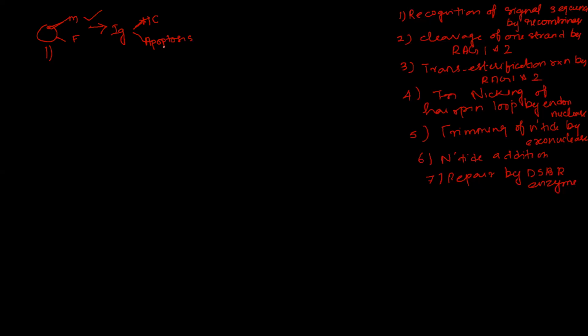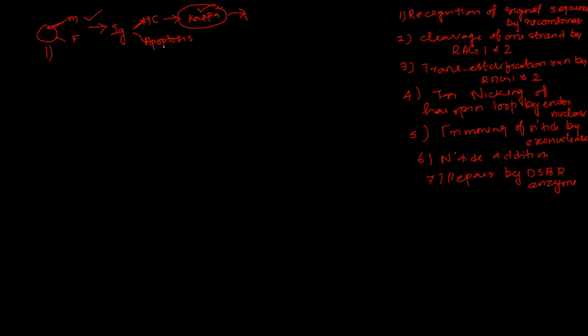Okay. Then once the heavy chains are made, it will have to make light chain. Light chain kappa will be given first preference. If it does not have genes for kappa, only then it will go for lambda, right? And if it has gene for kappa, then it will make kappa light chain.